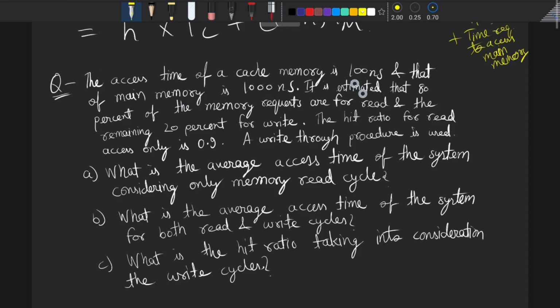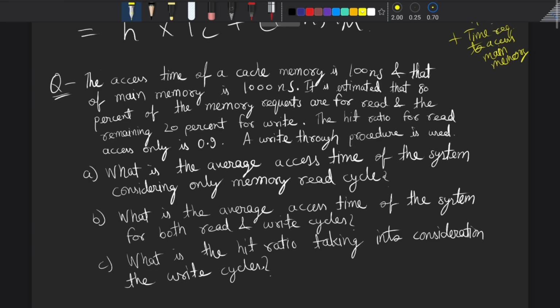It is estimated that 80% of the memory requests are for read and the remaining 20% for write. The hit ratio for read access only is 0.9. A write-through procedure is used.